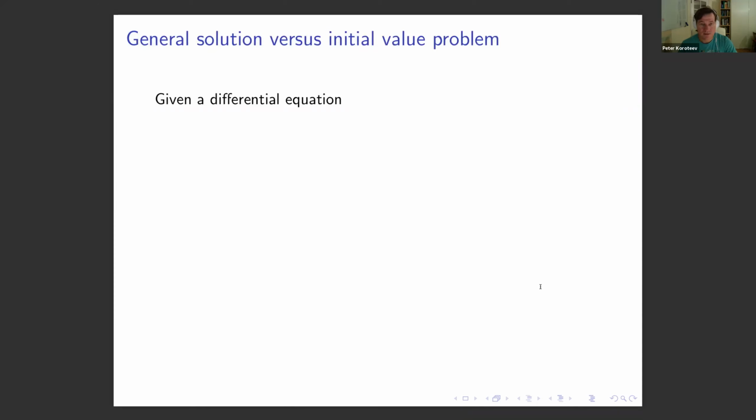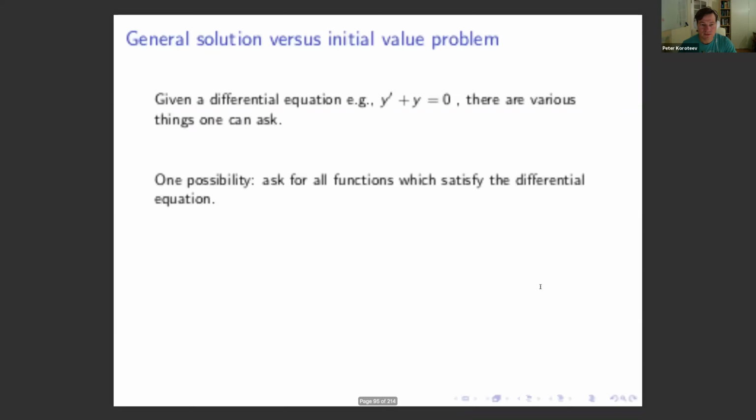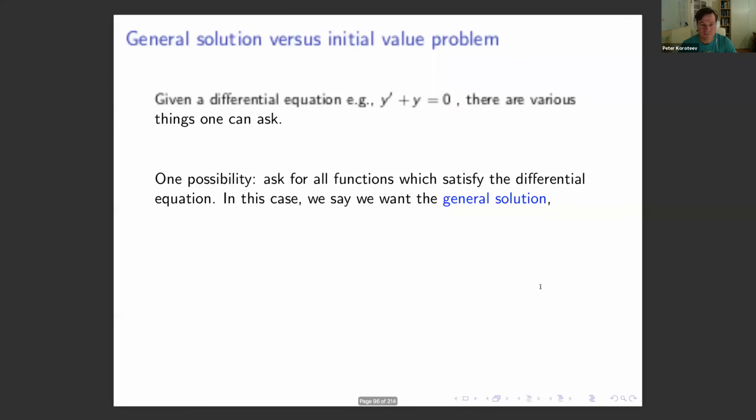There are two different problems which we'll be discussing: the general solution versus the initial value problem. Given a differential equation, for example y prime plus y is equal to 0, we can ask different kinds of questions. First, we can ask for all functions which satisfy the differential equation.